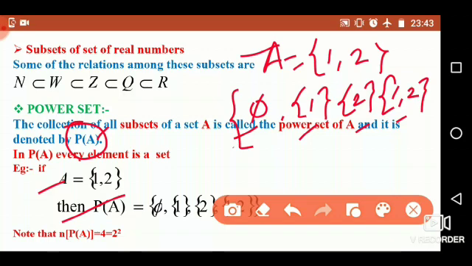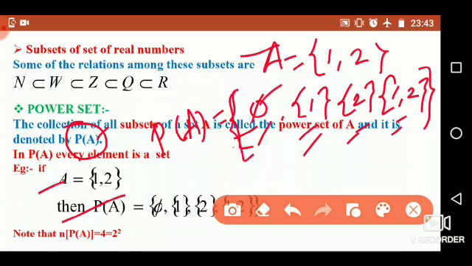Therefore, the group of all these subsets is called the power set of A, and we denote it by the symbol P of A. Each element of a power set is in the form of a set. Therefore, the group of subsets of a given set is called the power set. My dear students, we have an example over here.